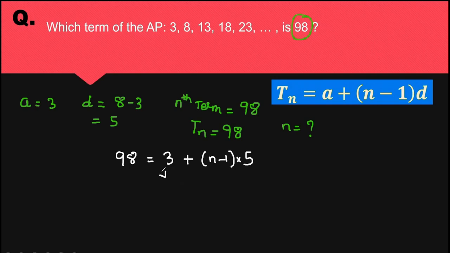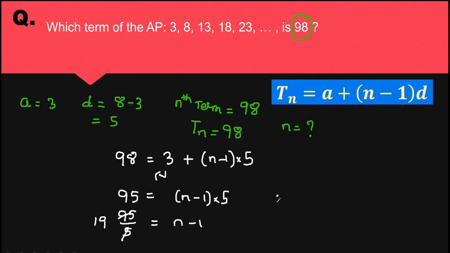Transposing 3 to the left-hand side, 98 minus 3, that is 95, equals n minus 1 times 5. Then transposing 5 to the other side, 95 divided by 5 gives 19. So 19 equals n minus 1, therefore n equals 20. That means the 20th term of the given AP is 98.